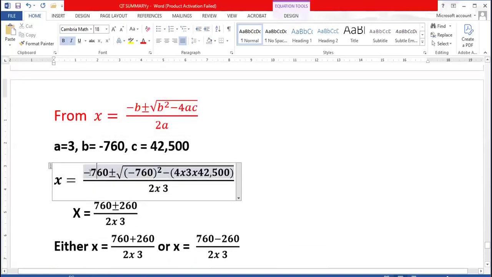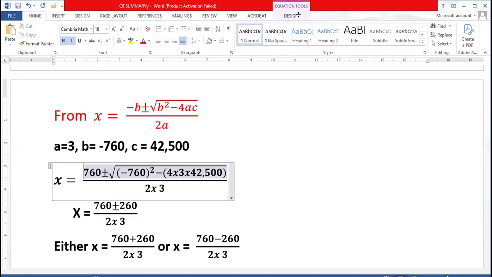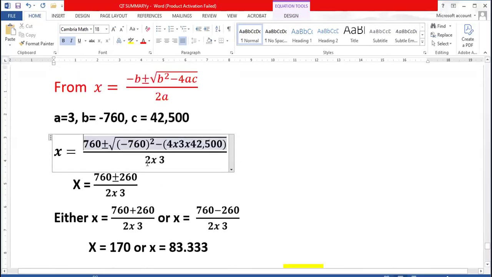If it was negative, then negative becomes a plus. Okay. The moment you put here a negative, yet it is a positive, everything will be wrong.